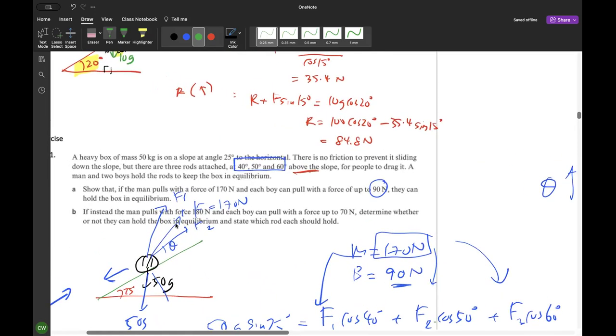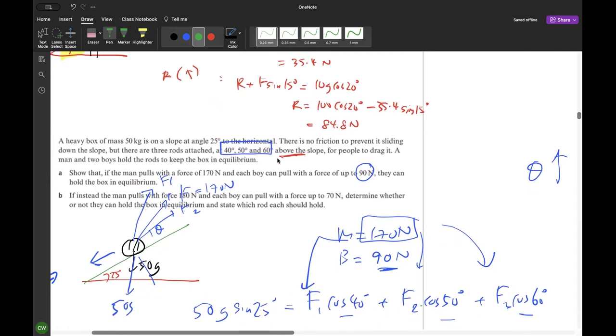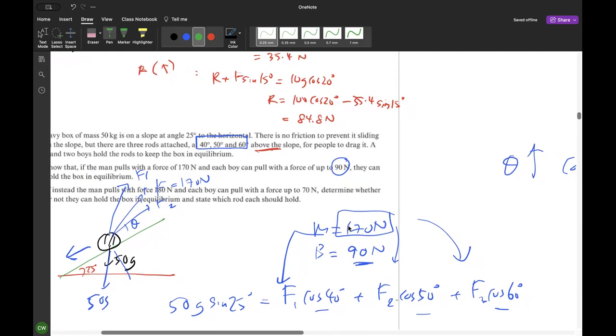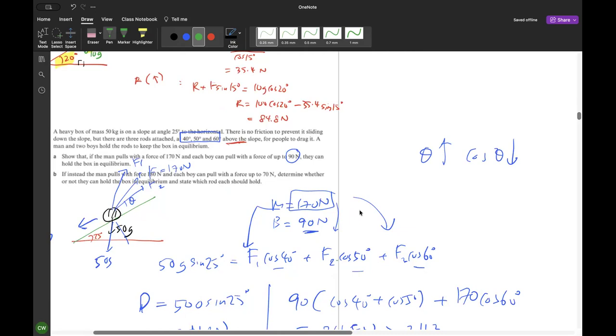Instead, the man pulls with 180. Each boy, are they able to hold or not? What if another scenario? Oh, there are so many possibilities.